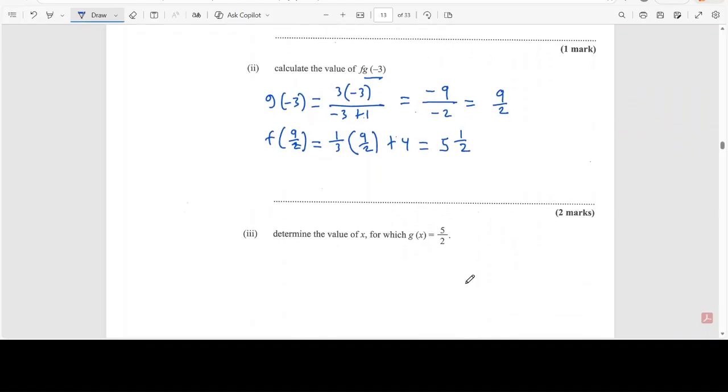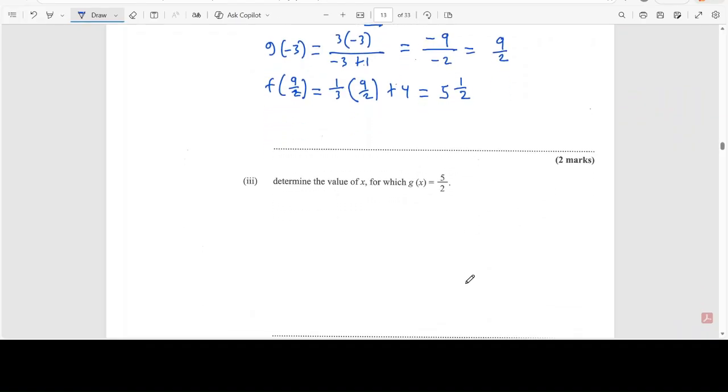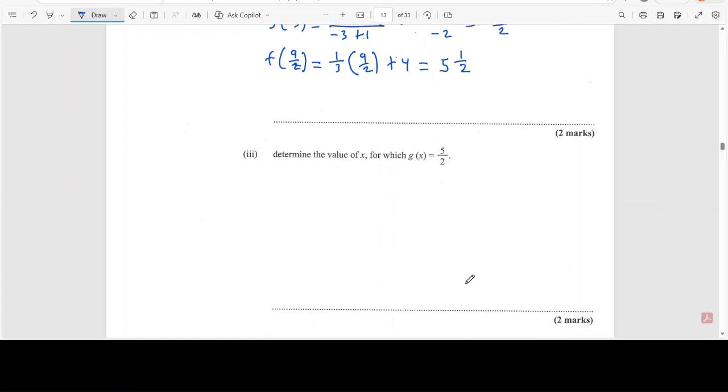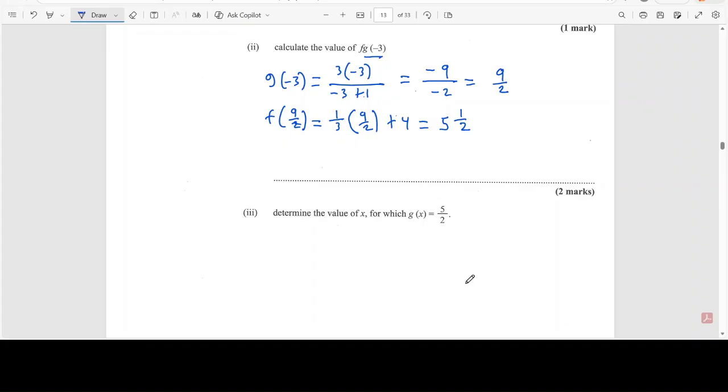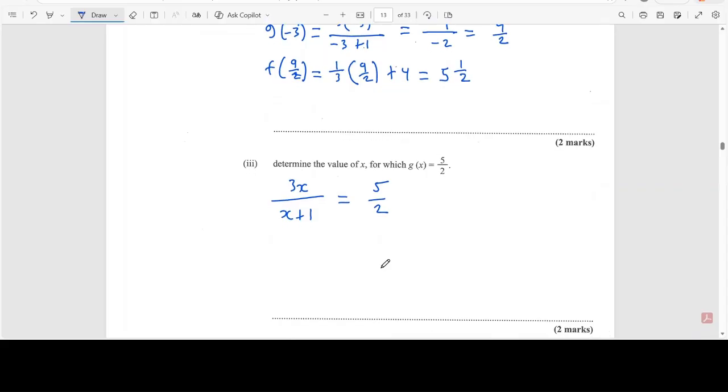Right, and then the last question, determine the value of x for which g of x is 5 over 2. So g of x is 3x over x plus 1, so we need to put 3x over x plus 1 equal to 5 over 2, and we need to solve for x. Anybody get an answer for x? Fractions on either side, algebraic fraction, what we need to do is cross multiply.